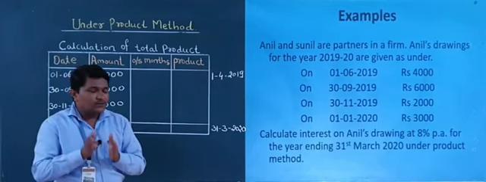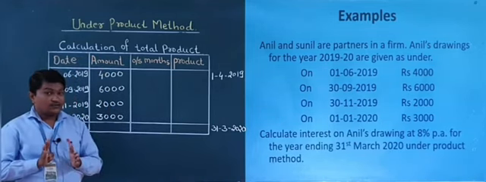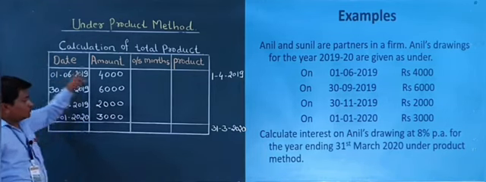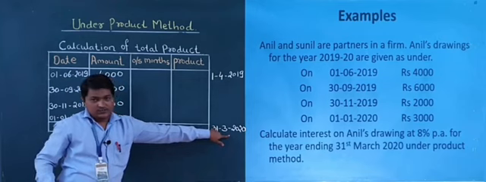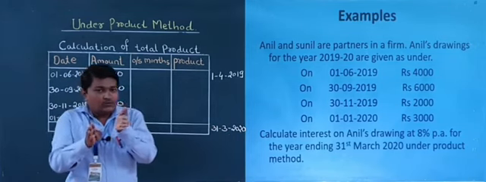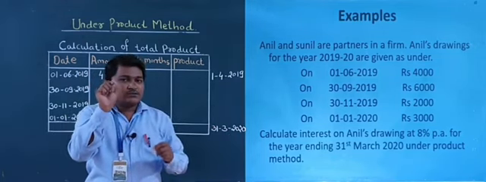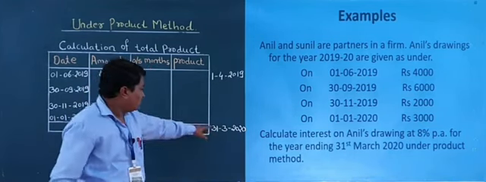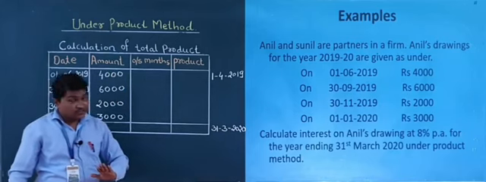If you are confused regarding the calculation, let me clear it here. We need to calculate from 1st June to 31st March. After 12, December being the 12th month, again you need to calculate 1st, 2nd and 3rd up to 31st March. So once again I repeat.